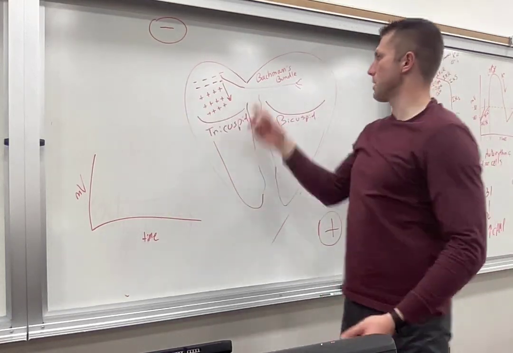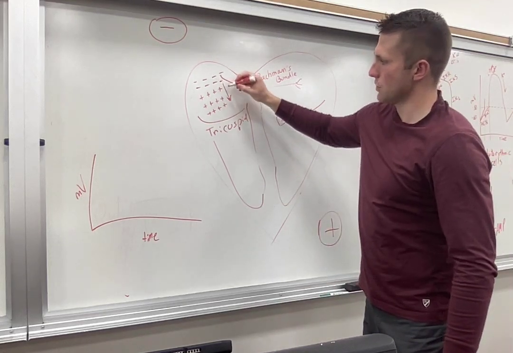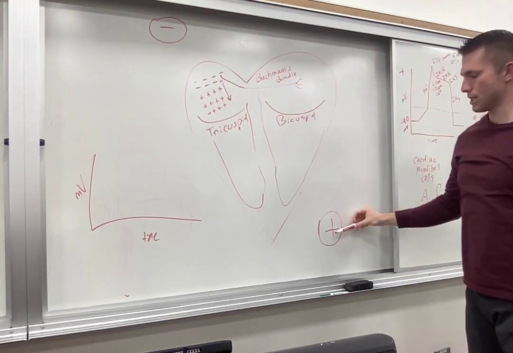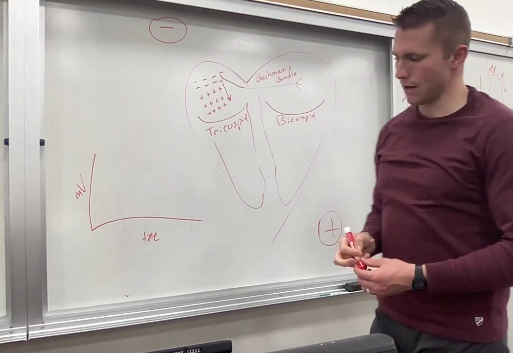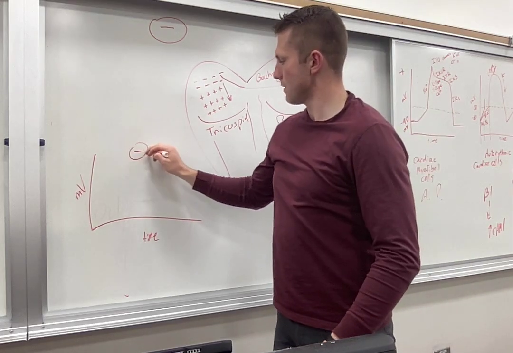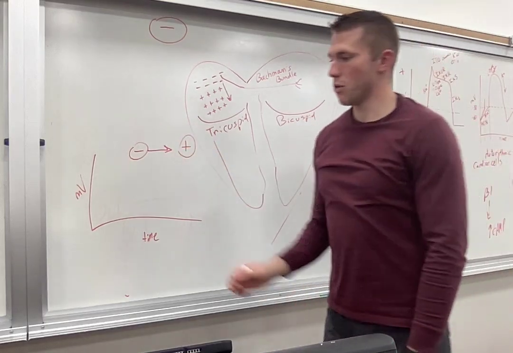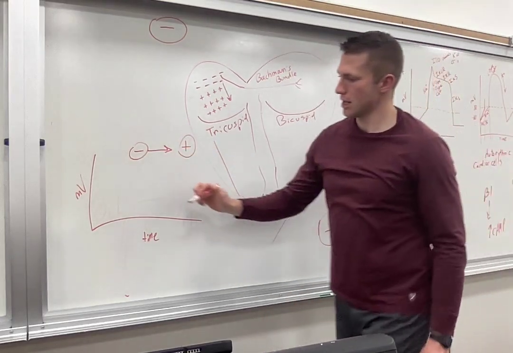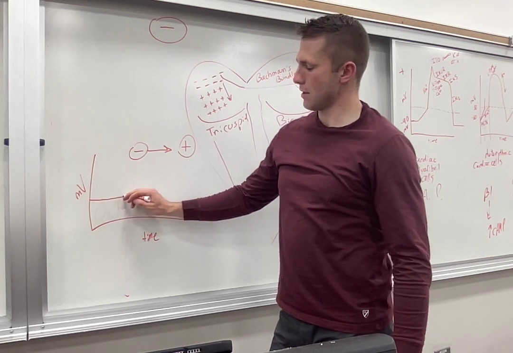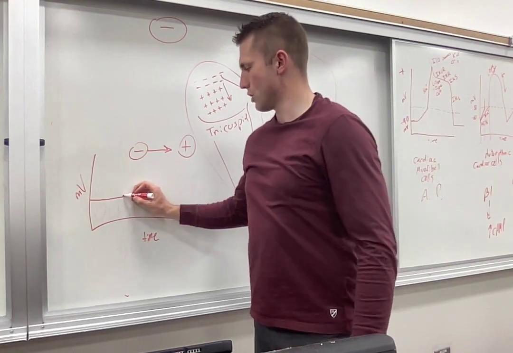Okay, so that's Bachmann's bundle. We have a negative vector traveling from a negative electrode down to a positive electrode. And by convention, if we have a negative vector traveling towards a positive electrode, we are going to say that this line on the ECG goes up.